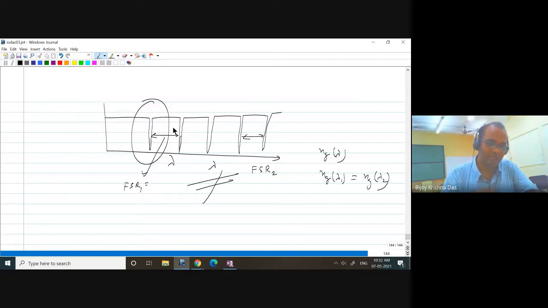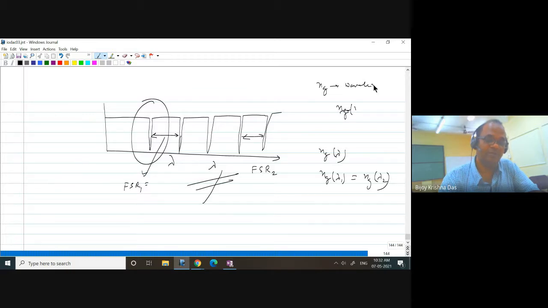So it is a challenge to predict this properly. To get a good design, it is always good to have ng at least wavelength independent. We know that it is very difficult to get n effective wavelength independent, but ng can be wavelength independent.